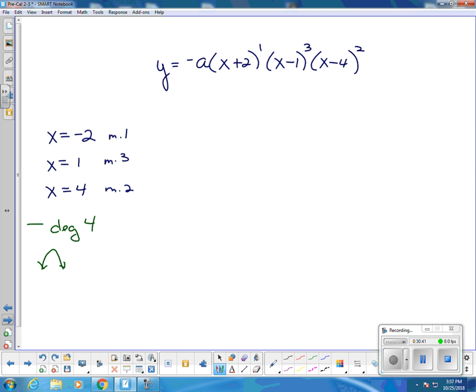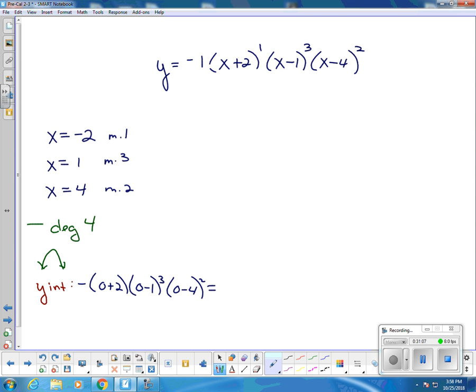And my y-intercept, I have an a there. Let's just get rid of that and make that a -1 to make this a little bit simpler so we can actually find the y-intercept. Okay, so my y-intercept is the negative of 0 plus 2 to the first, 0 minus 1 cubed, 0 minus 4 squared.